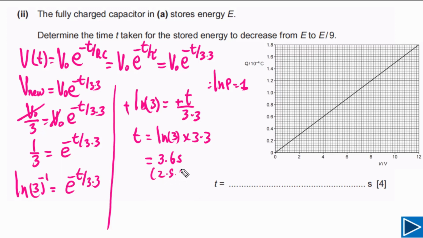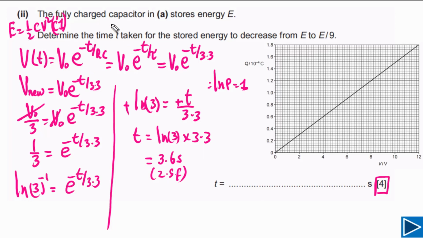So if you have done this working, you will get 4 marks for this question. The first mark you will get if you have used the relationship E is equal to 1/2 C V square. So this is 1 mark, and this is a C mark.